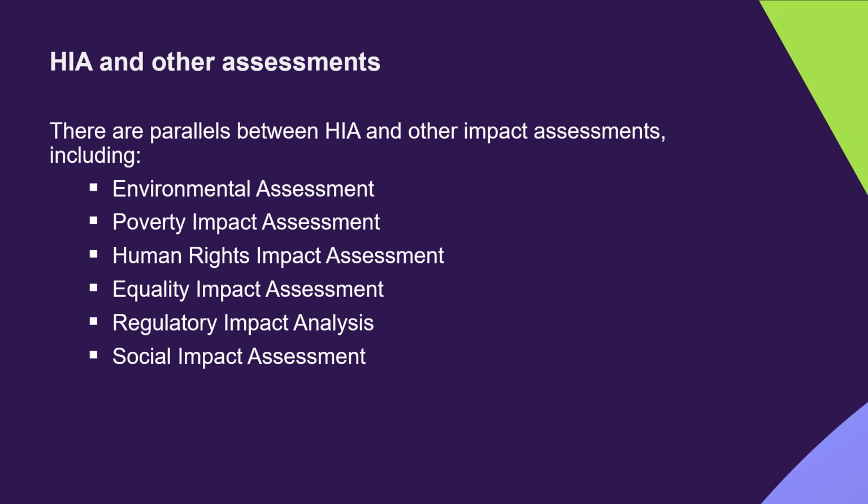The 9 equality categories of an EQIA may overlap with the vulnerable groups considered when carrying out a health impact assessment, but HIA will not necessarily consider all 9 equality categories and may consider other vulnerable groups, for example, in relation to income, social disadvantage, or social isolation.